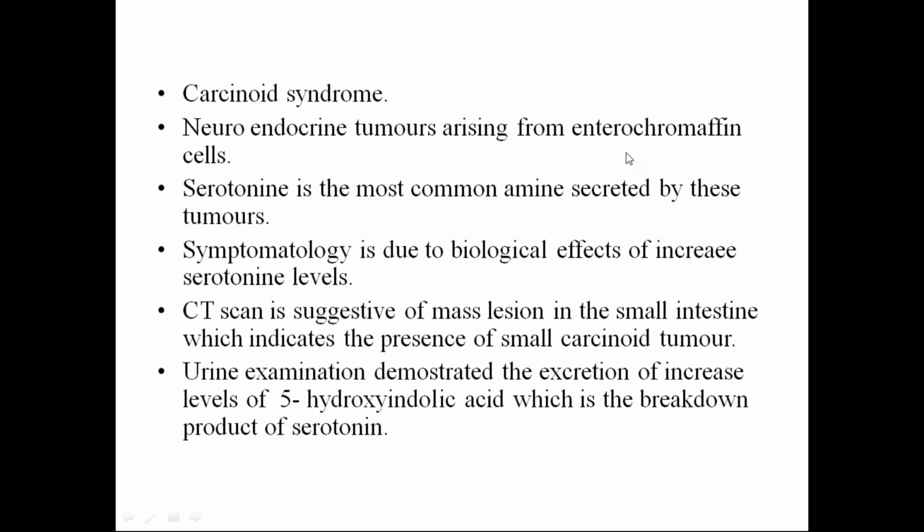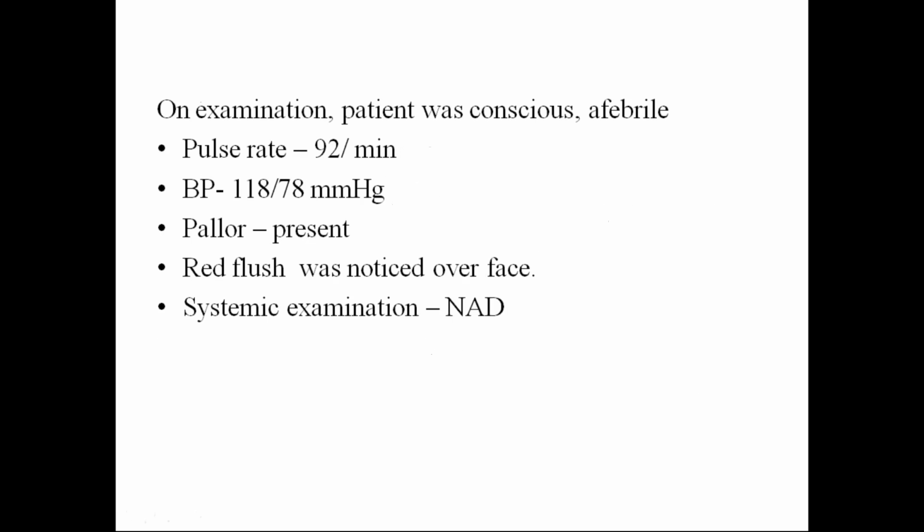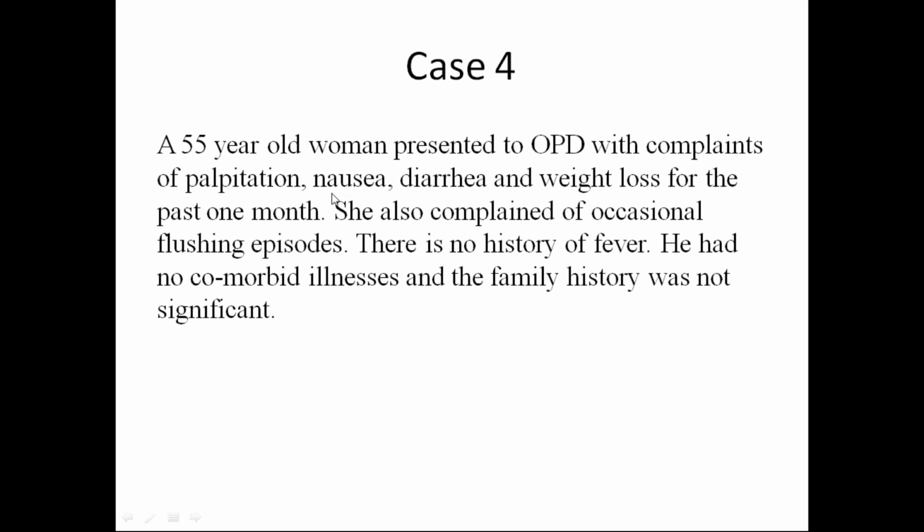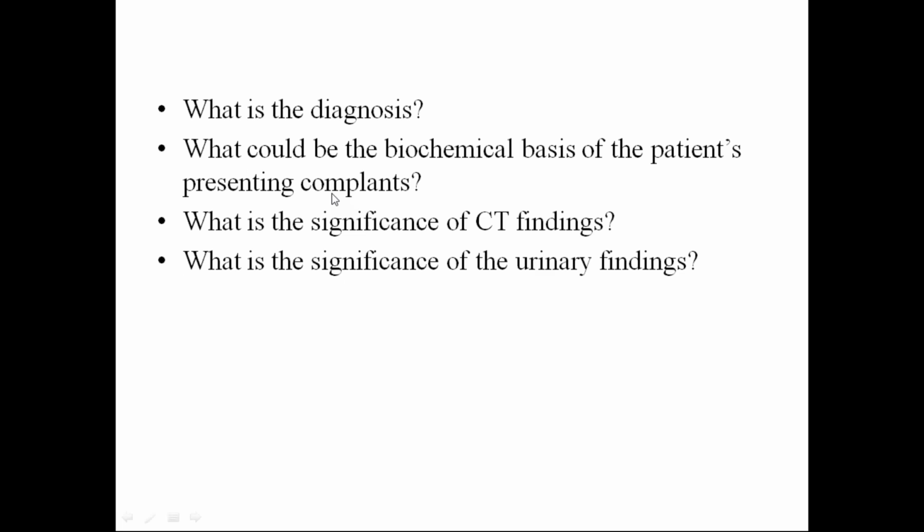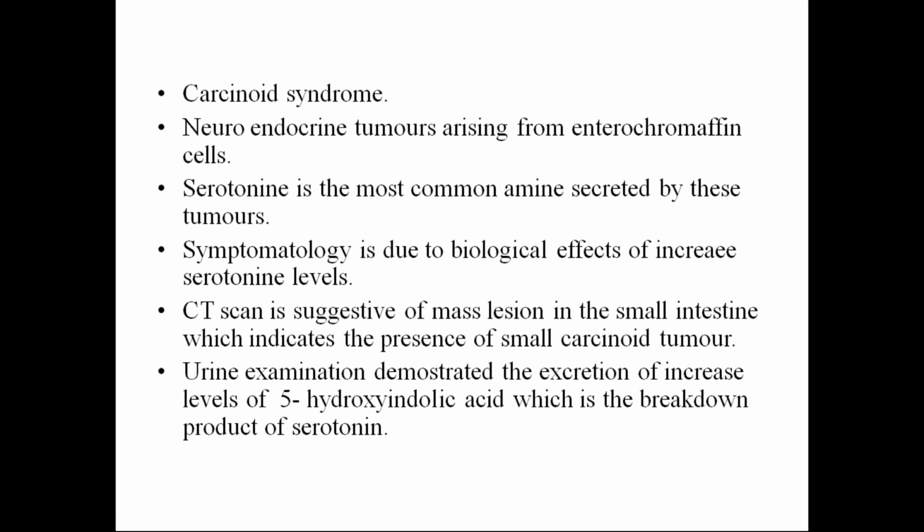It is a neuroendocrine tumor arising from the enterochromaffin cells, and serotonin is the most common amine secreted by this tumor. All the symptoms of this patient, like palpitation, diarrhea, nausea, are because of the increase in the level of serotonin.